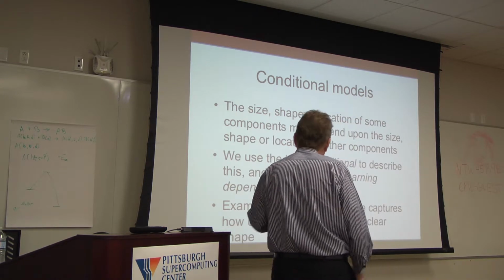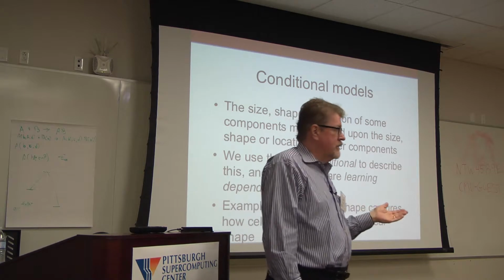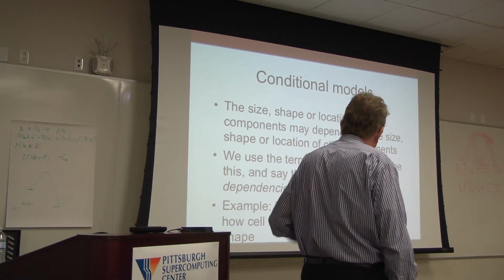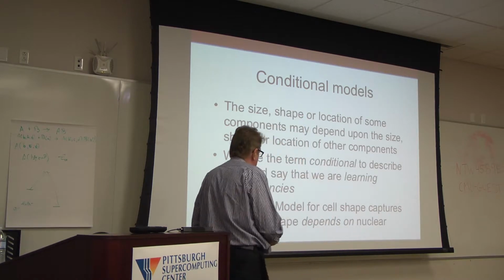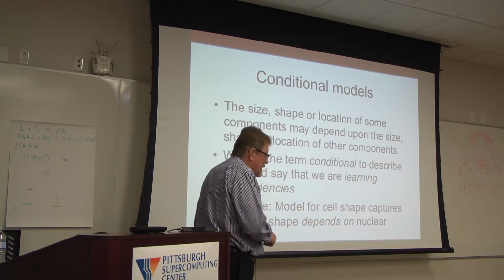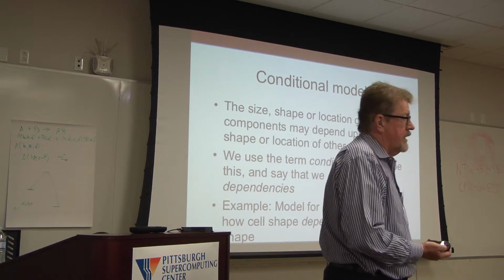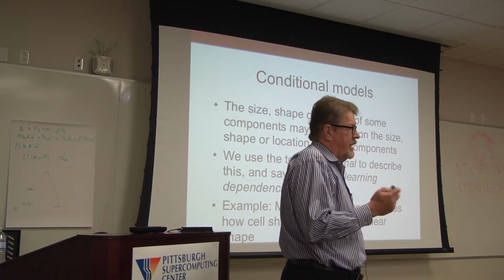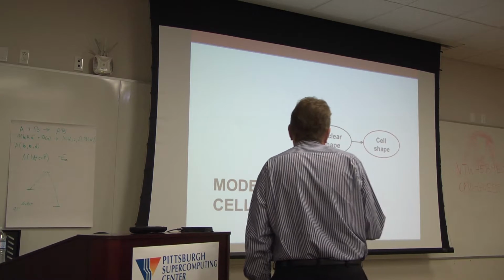We're going to talk about that a lot. And we would say that those models are conditional upon each other, and that we're learning the conditional dependencies. Now here's a quick example, which is that a model for cell shape may depend upon a model of nuclear shape or vice versa, right? So a big nucleus can't be inside a small cell, so they depend upon each other. All right, so we're going to talk about that.